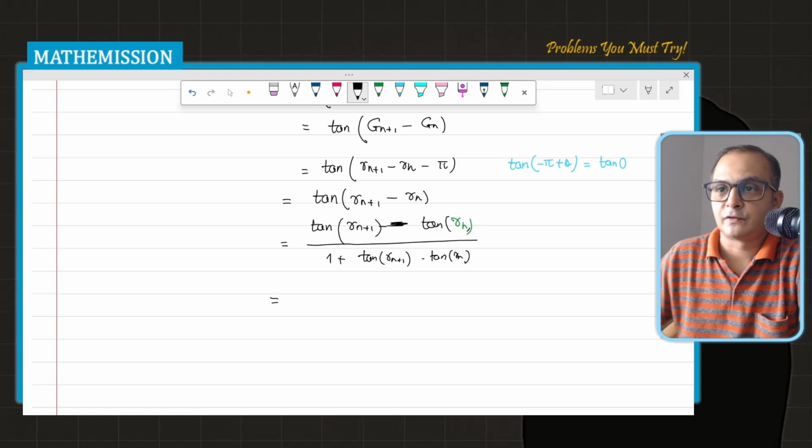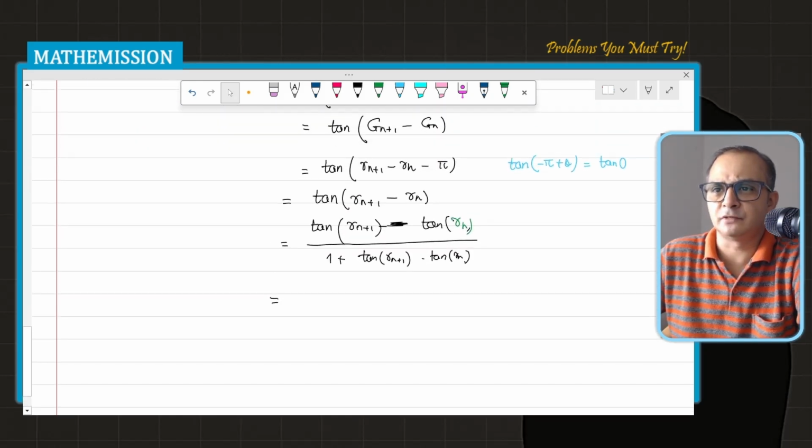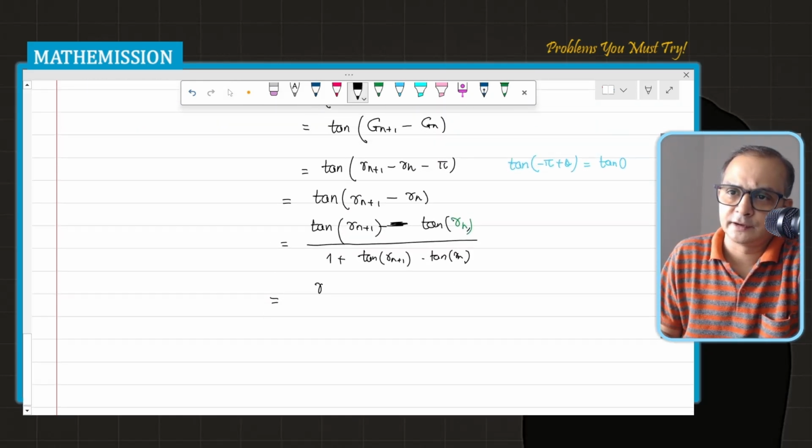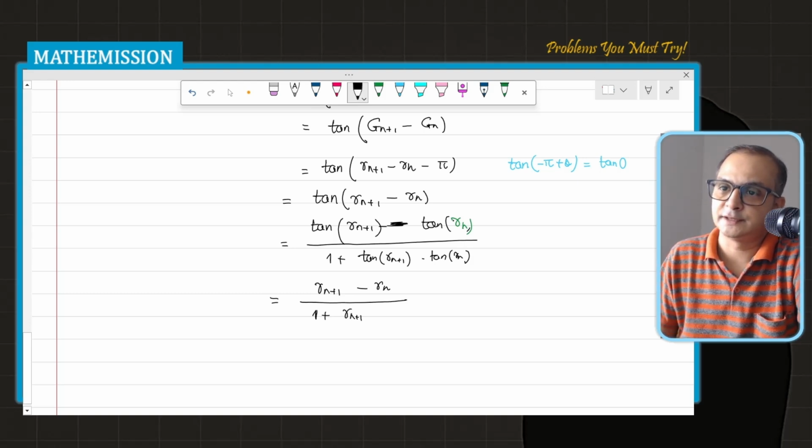But you notice from one observation, the last one, tan of r_n is r_n because it's the solution, so you can also write directly: r_{n+1} minus r_n divided by 1 plus r_{n+1} into r_n.